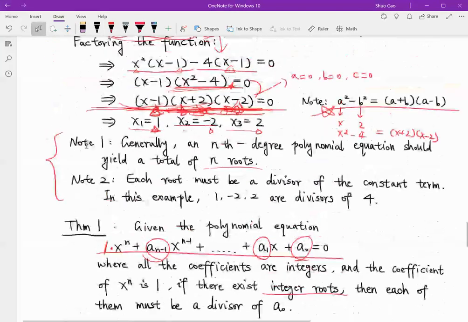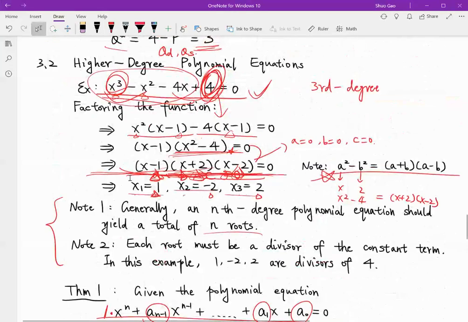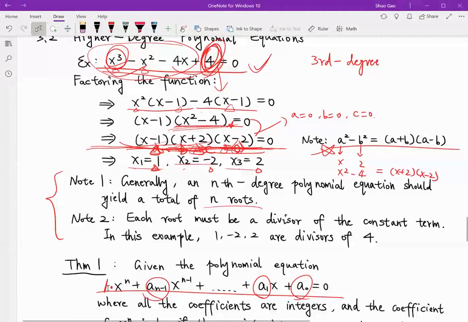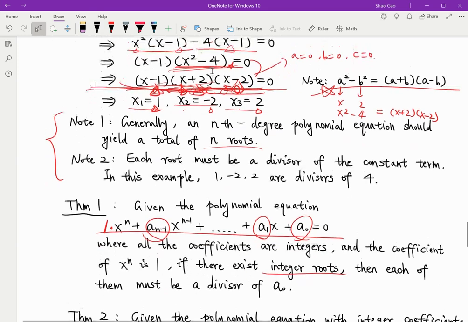Right? So this example is just an example of theorem 1 here, right? We already talked about that. So here the coefficient of the highest degree of x is 1, and then the constant term is 4. And we have 3 integer roots, and all of them should be a divisor of 4, right?